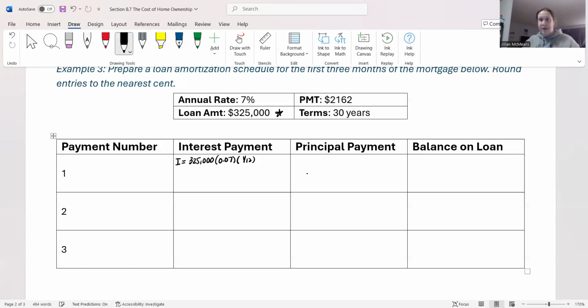We'll just do this on the regular calculator instead of switching screens. So 325,000 times 0.07 times, in parentheses, 1 divided by 12, and that'll do the 1/12. And that gives us 1,895.83 repeating. So I would say the interest for the first month is $1,895.83 when we round.